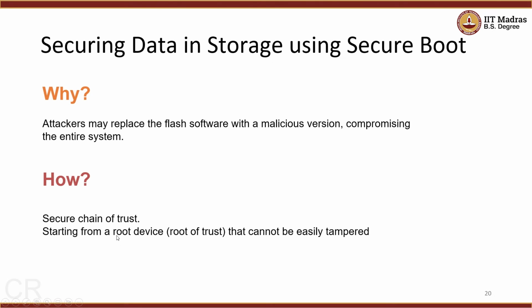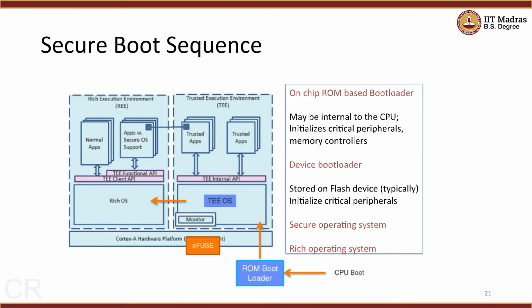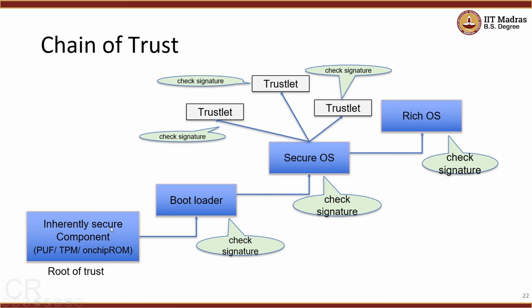And the objective of this secure boot is to detect any such tampering that is present in your system, right? So the basic idea of the root of trust is to have a very small component, sometimes called the TPM or trusted platform module. Sometimes it could be a physically unclonable function, or it could be an on-chip memory which is inherently secure.